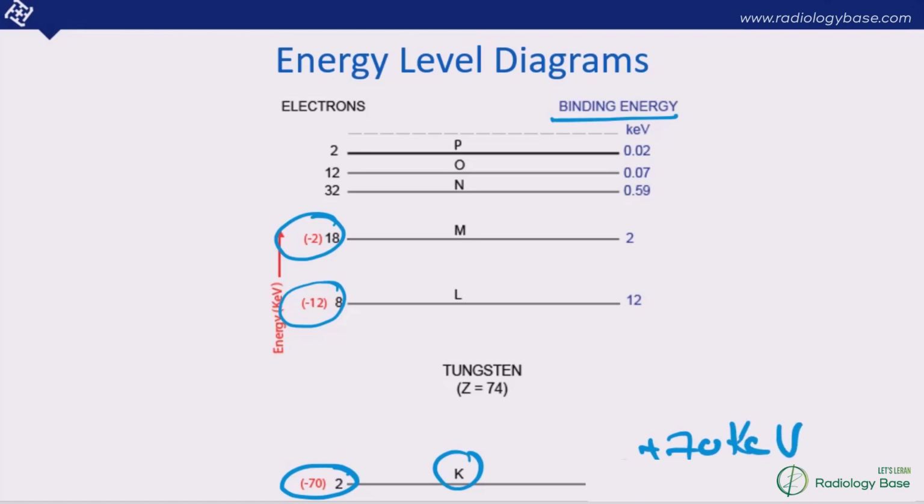If the electron needs to be released from the L shell, it would be plus 12, and if it's in the M shell, it's plus 2. So this gives an understanding of the electrons revolving in tungsten, and how much energy you would require to get them released from the nucleus.